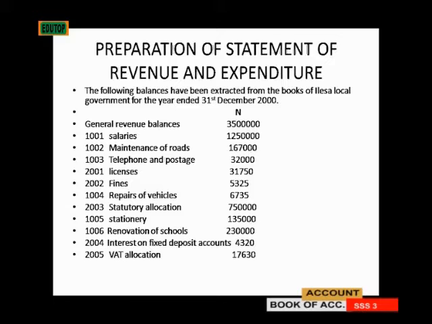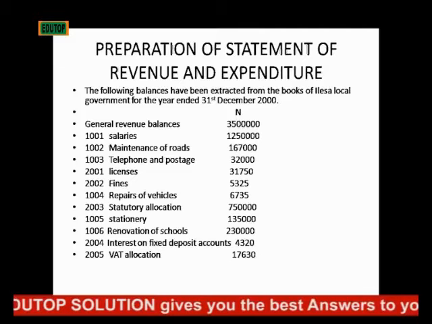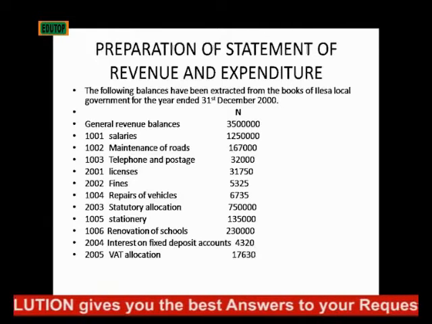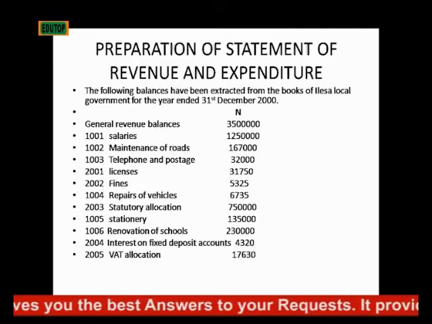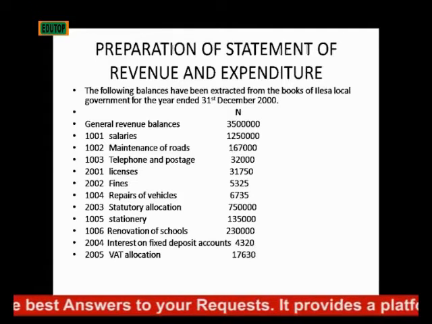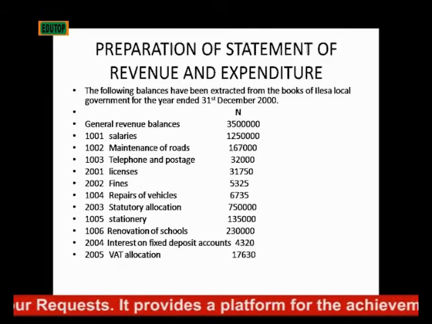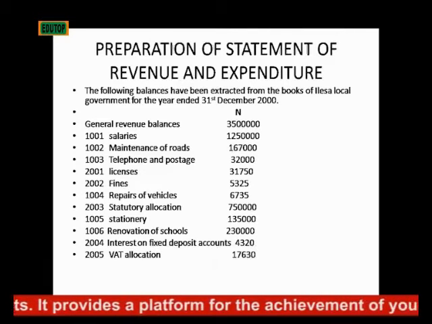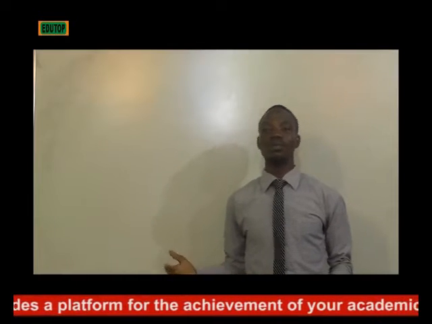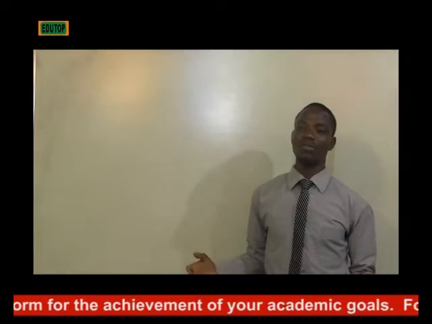So you could have known here, like I told you the other time in the explanation on head, that any revenue that they receive, or any expense that is being incurred, or any expenditure, they must be classified and coded under head, so that you can easily trace them. The reason why they do that is so that government can easily trace those items in case there is any error. So here, you are required to prepare the revenue and expenditure statement for the local government.